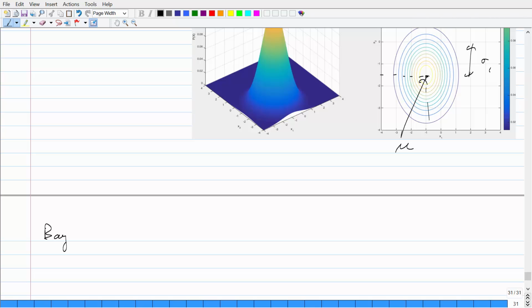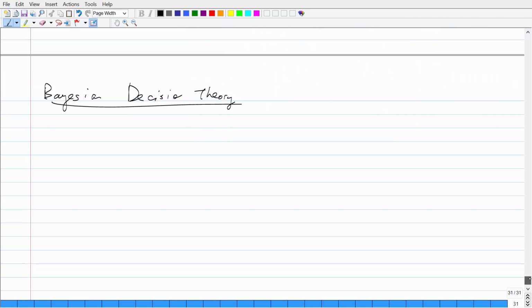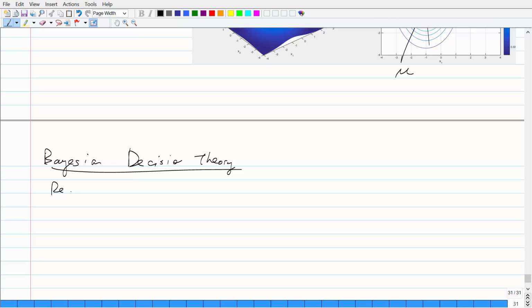Okay. All right. Now we're going to get on to the meat of the course, Bayesian decision theory. If you remember classification, recall classification. So far we've mainly discussed trying to find the right set of parameters that'll distinguish between one class or another.